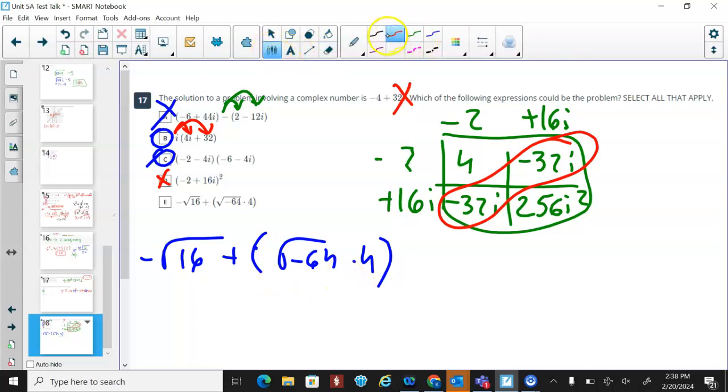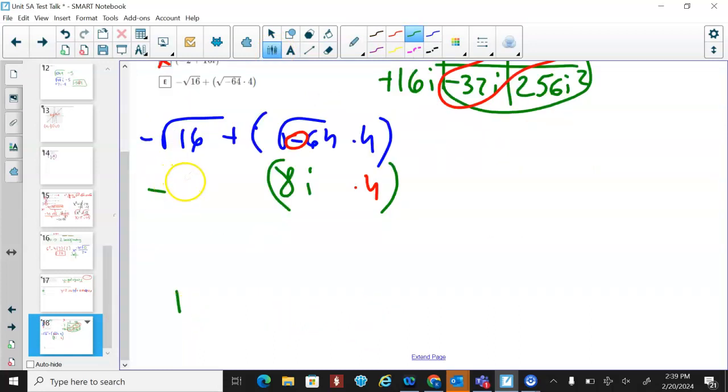So I am going to understand that there is a negative there, which means i. So I can do 64i times 4, which really is going to end up being 8i, because the square root of 64 is 8i. So I'm going to erase that and replace it with 8i. That's still in the parentheses, and then negative 16 root.